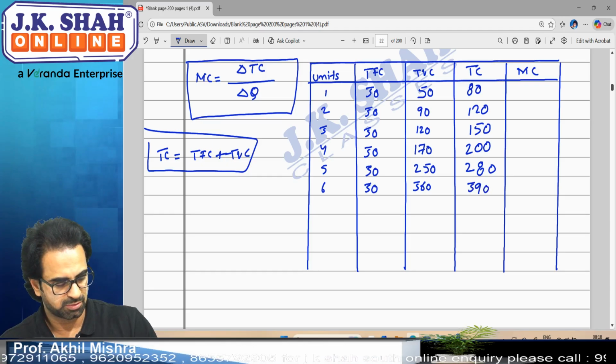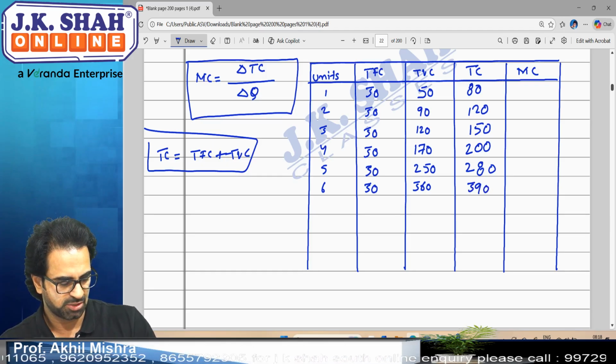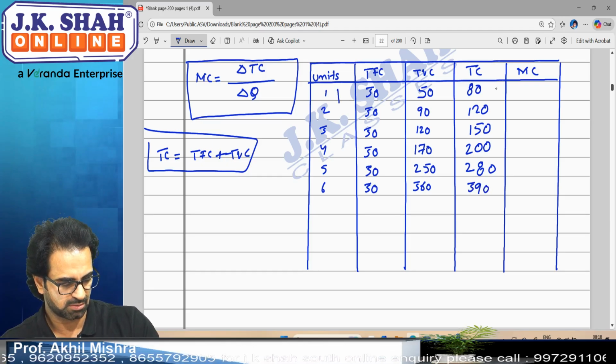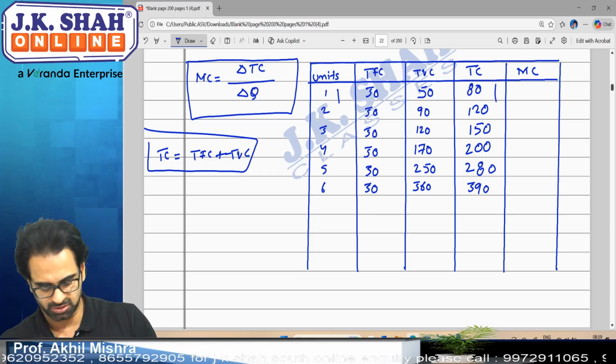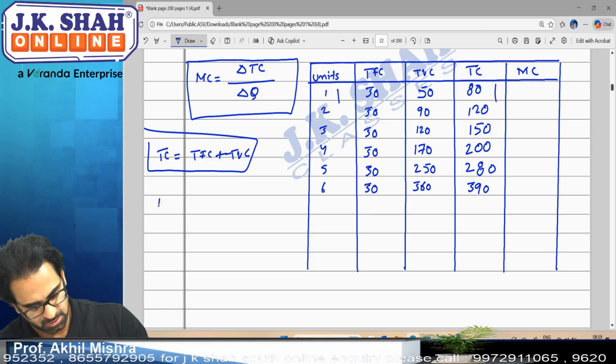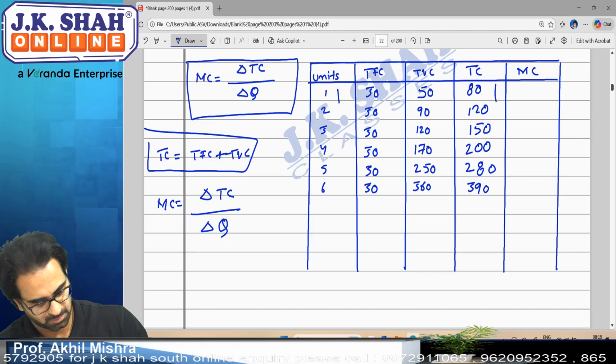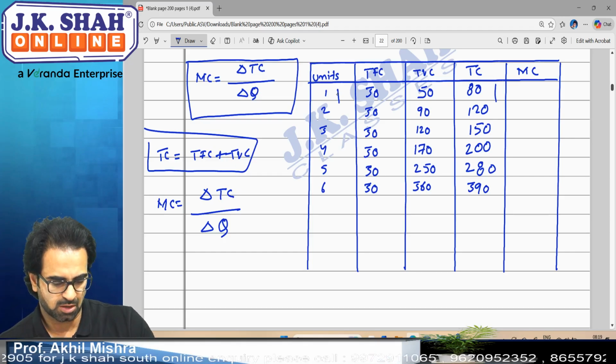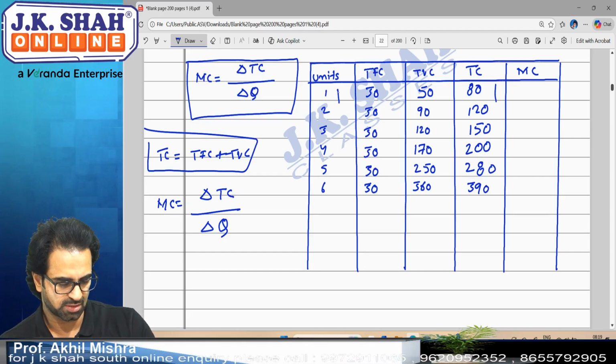Now you know what MC is? Change in total cost by change in units. So when output is changing, 1, 2, 3, 4, 5, 6, your total cost is changing.